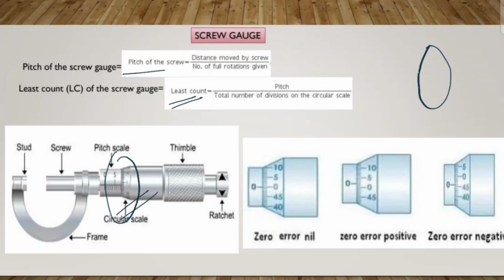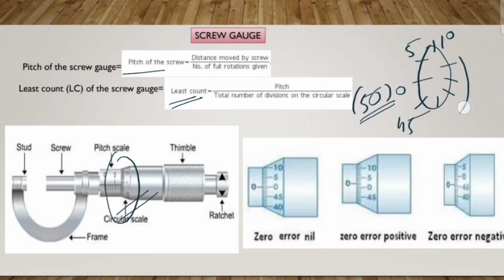This is starting from 0, 5, 10, 15 and moving on. This is 45, so this is 50. 50 and 0 are the same thing, so this is our total of 50 divisions. So the least count becomes pitch divided by 50.